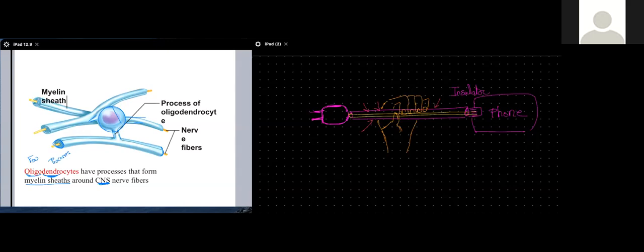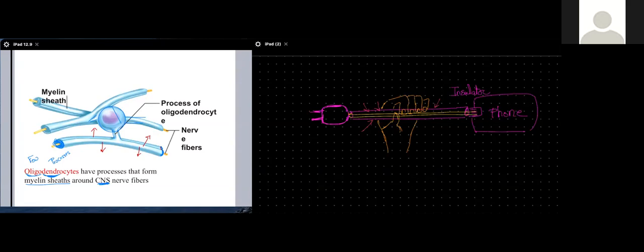So what will be preventing the nerve fibers on here from conducting their electrical impulses to nearby tissues? Simply, they are insulated. And again, what's going to be insulating those nerve fibers? What's going to be covering those nerve fibers, preventing the conduction of the electrical impulses to the surroundings?